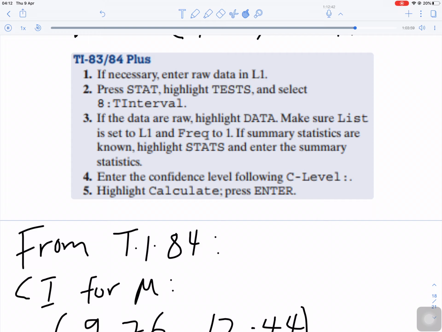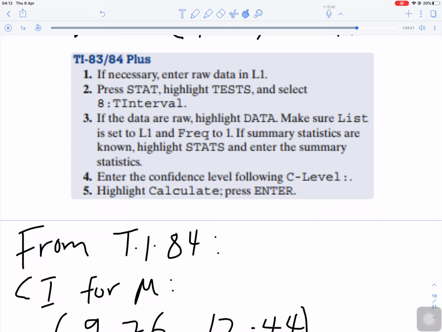You press STAT, highlight TESTS, and select option 8, which is TInterval. Now, we don't have raw data, so you don't select Data, you select Stats. What we have is stats because we have the sample mean and the sample standard deviation.